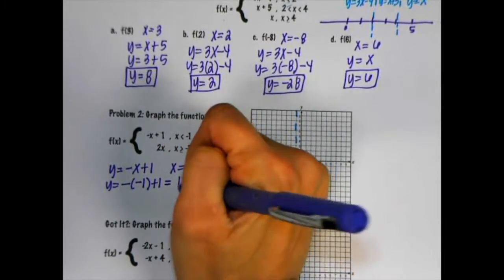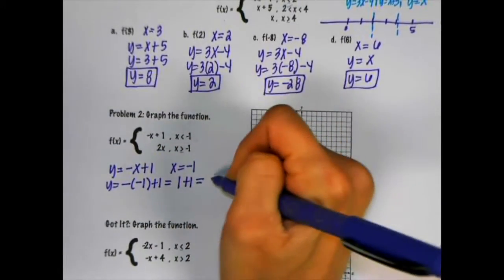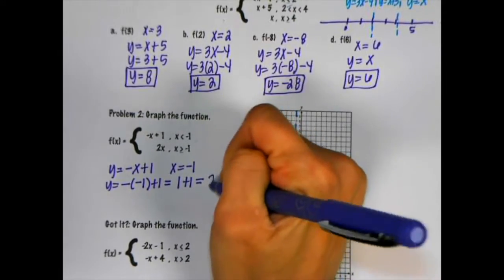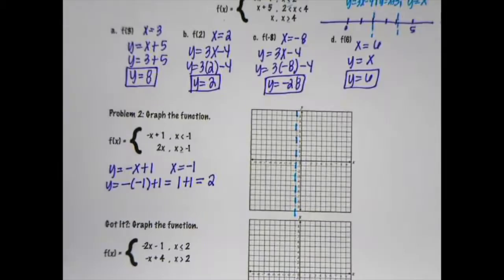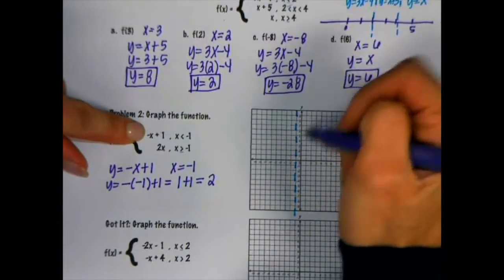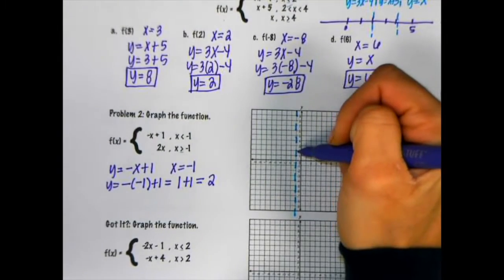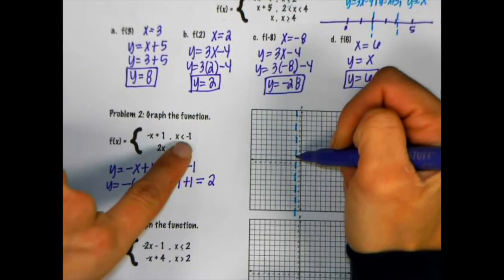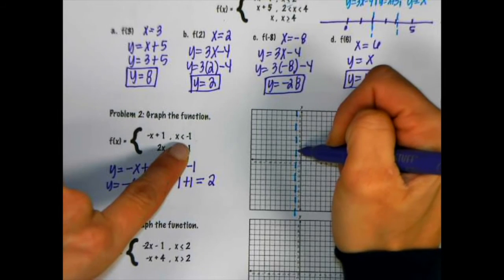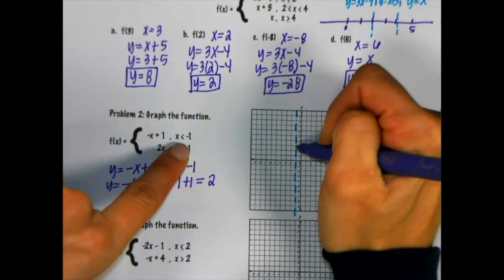That's going to be +1 plus 1, which is what? 2. Yep. So this first equation, at this -1 line, is going to be at y equals 2. Okay? Look at your symbol. Is it going to be an open dot or a closed dot at 2? Open, yep.